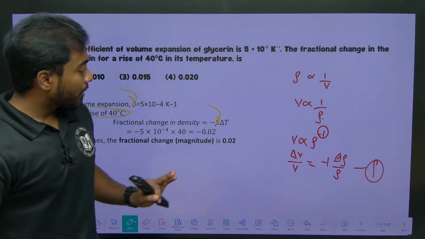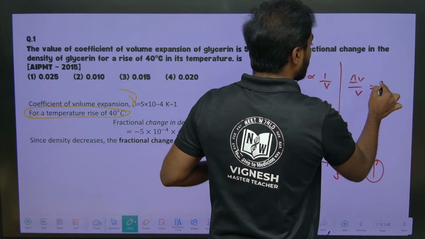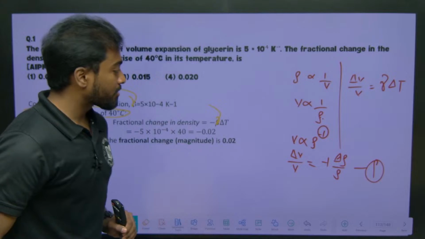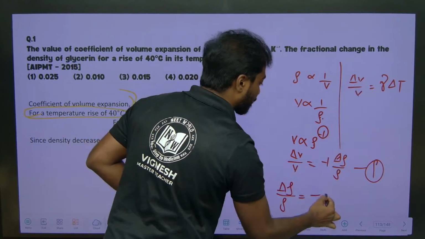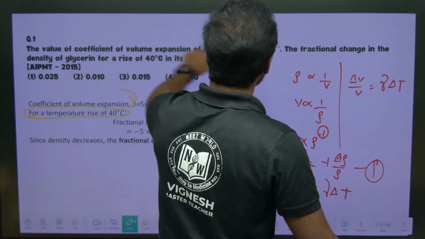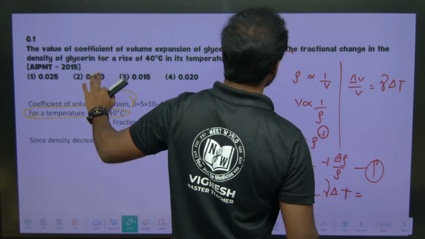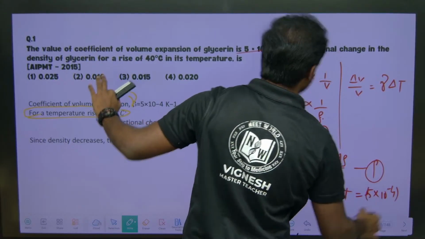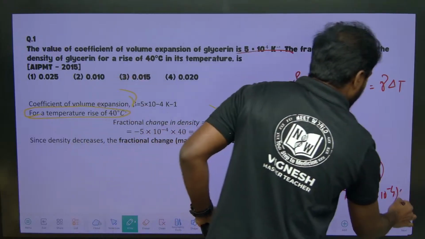What about the other equation? We know that delta V by V is equal to gamma delta T. Equate both. Now delta rho by rho is equal to minus gamma into delta T. The volume expansion of glycerin given is 5 into 10 power minus 4, with the minus sign, and the temperature is 40.